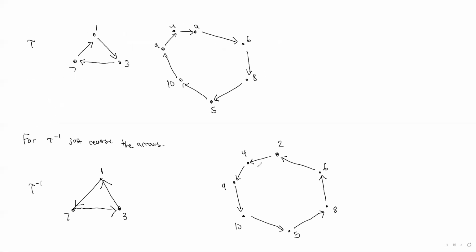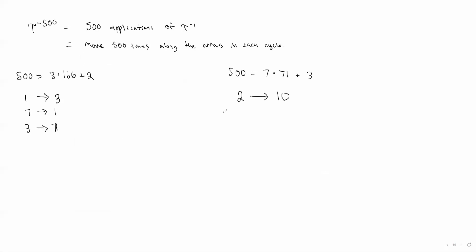Same with 4. So 4 will go around the circle 71 times for the first 497 applications. And for the last 3, it'll just go to 9, then to 10, then to 5. So 4 goes to 5. And hopefully you get the point.